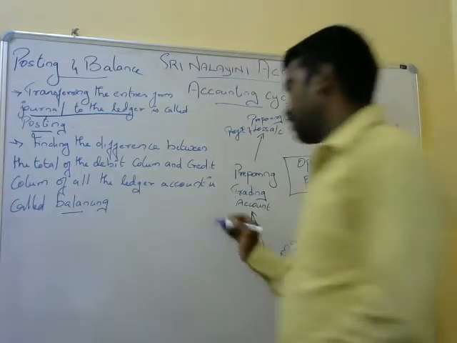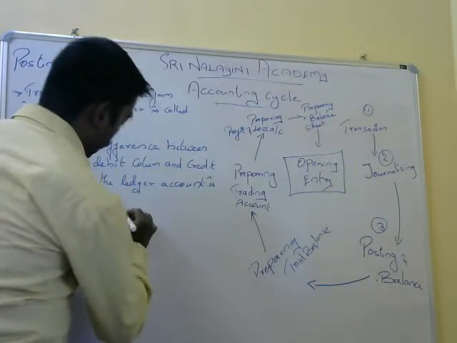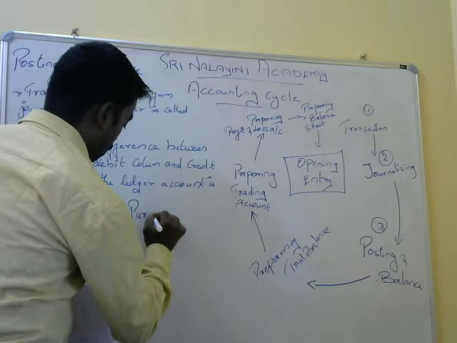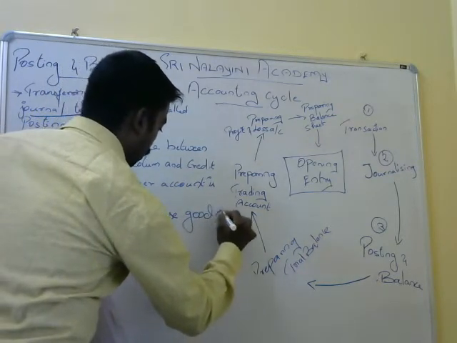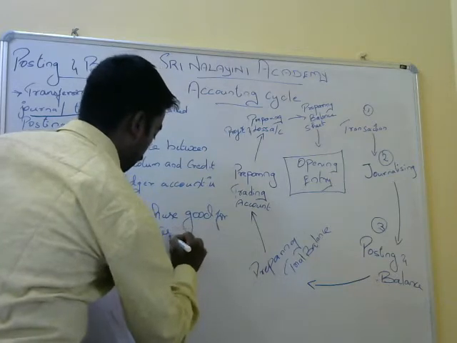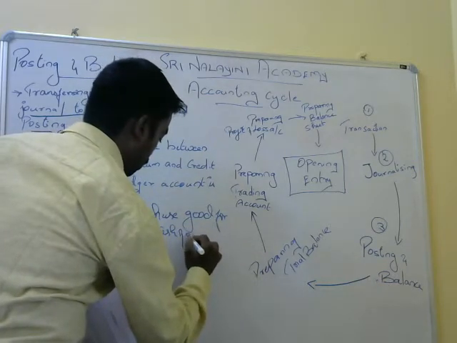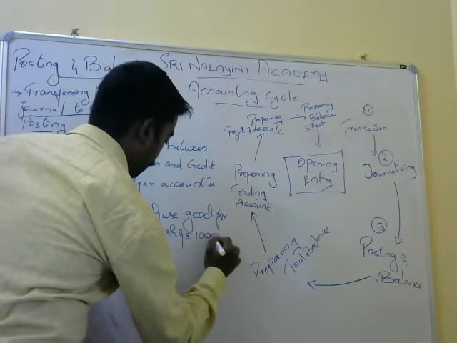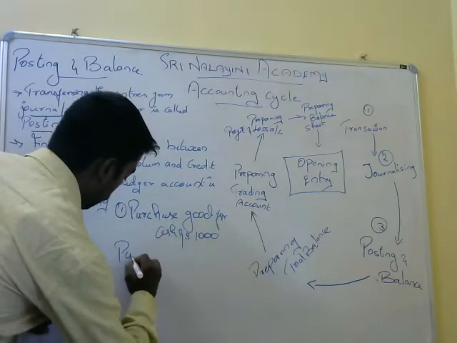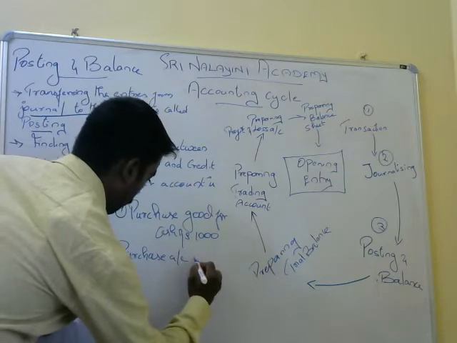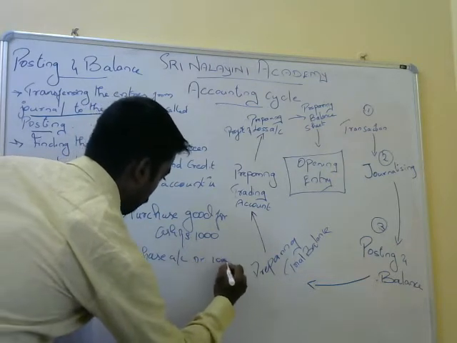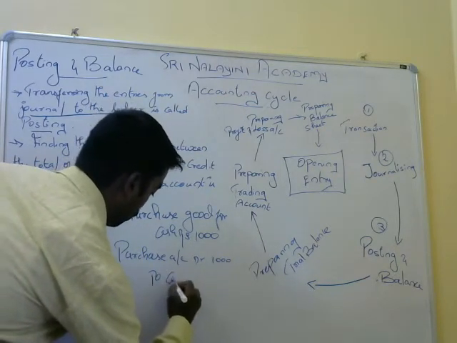For example, I purchased goods for cash, rupees 1000. Purchase account debit to cash account.